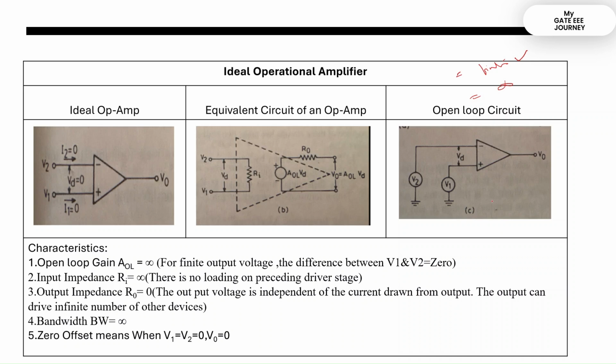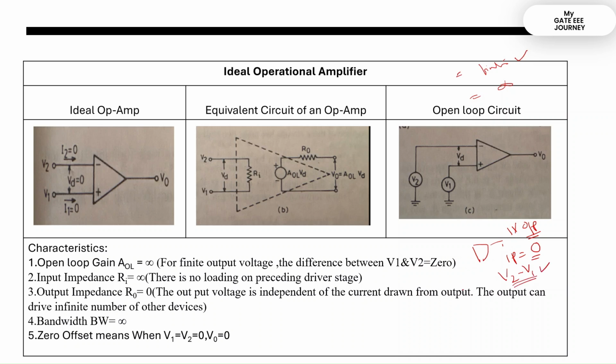In case of finite output, let us take this as an ideal op amp and you are getting 1 volt as output. If it is an ideal op amp operating in open loop mode, then the input must be 0. Input means V2 minus V1 is the input.